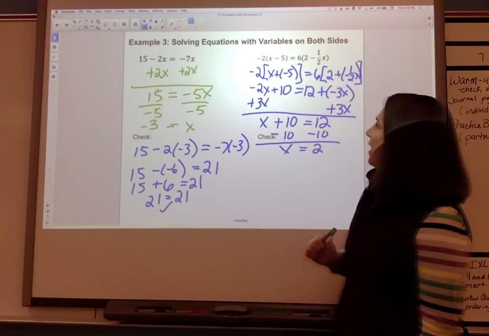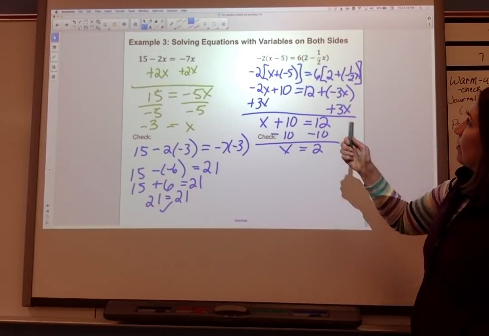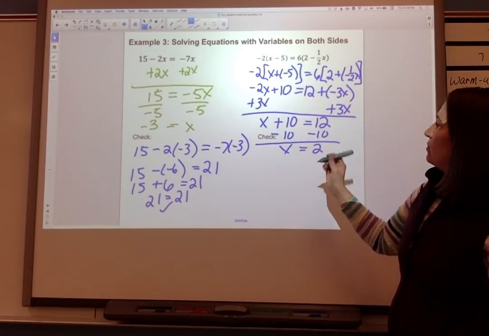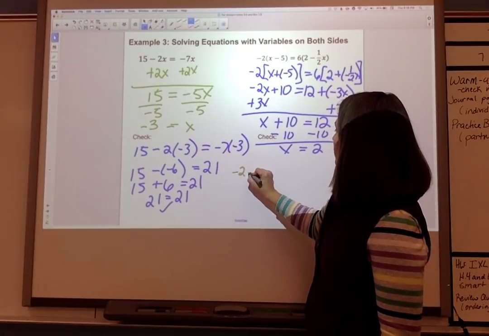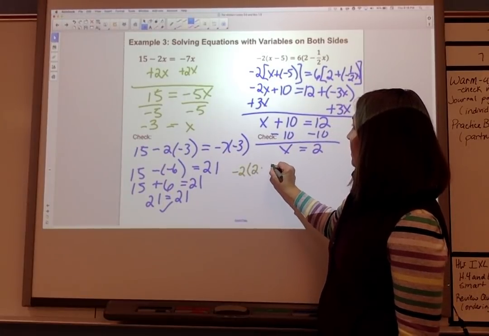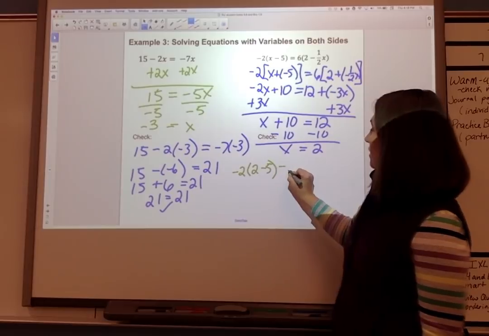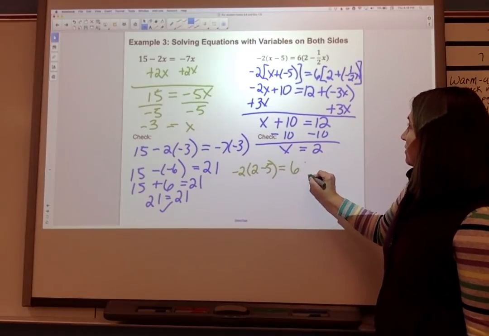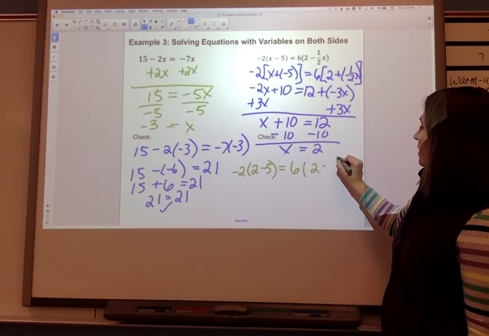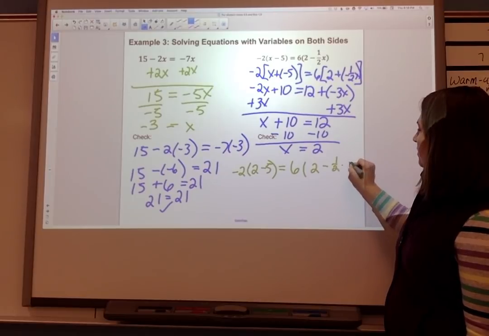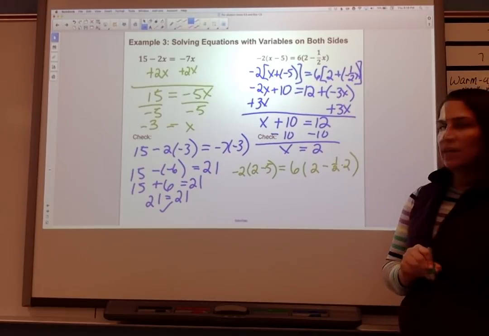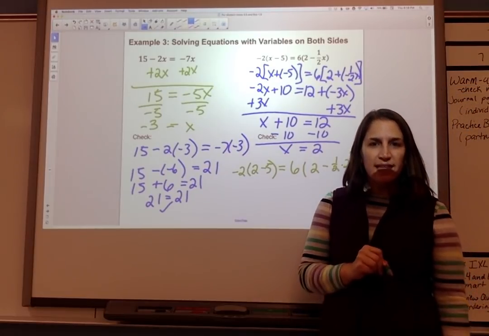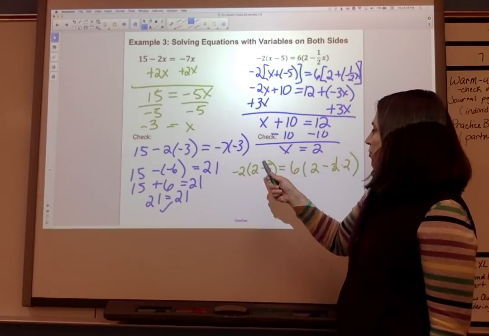Okay, we'll go ahead and do our quick check here. So negative 2 times 2 minus 5 equals 6 times 2 minus 1/2 times 2. Let's simplify what's inside the parentheses first.